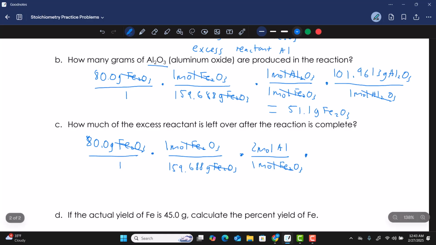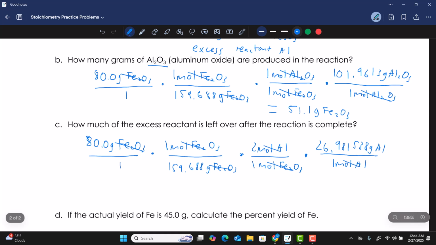And then we find the mass, and we want grams on top, so we would look at aluminum on the periodic table, and we have 26.981538 grams of aluminum on top and 1 mole of aluminum on bottom.